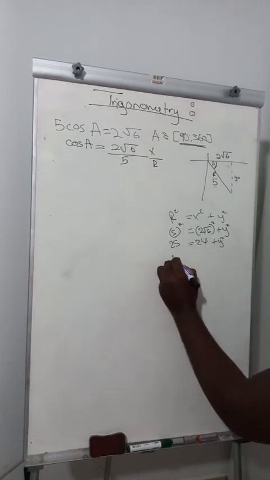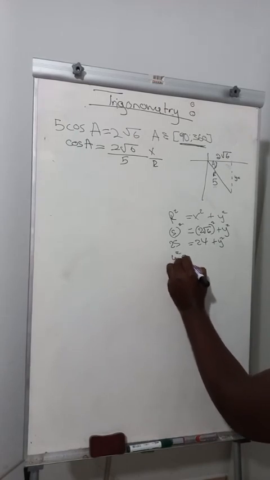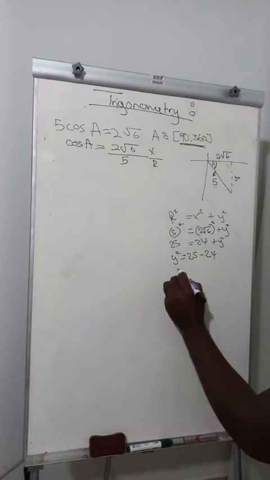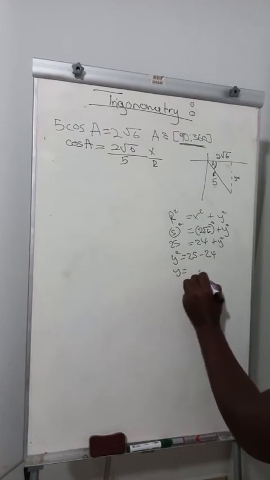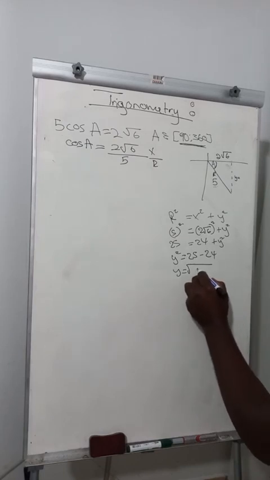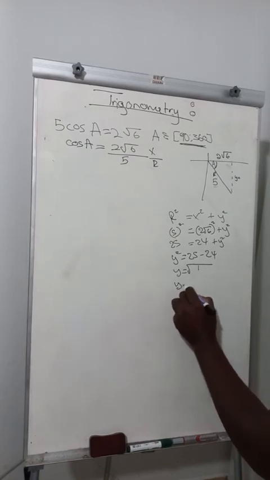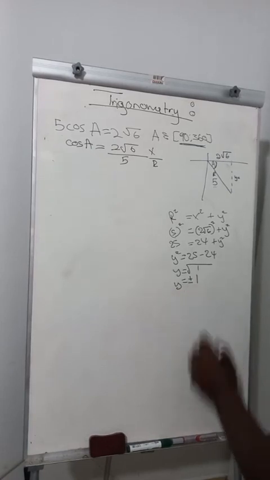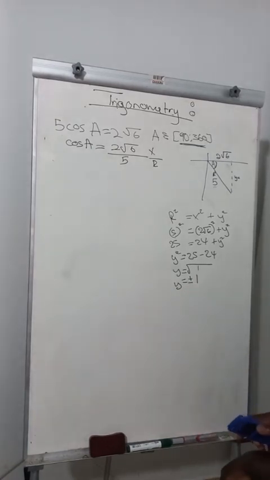So now y squared is equal to 25 minus 24. So y is equal to the square root of 25 minus 24, which gives you 1. So this will be plus or minus the square root of 1, which is just 1.